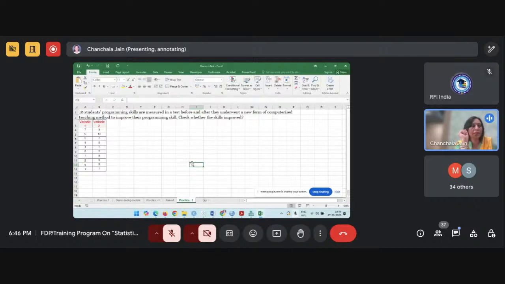That means we are interested in finding a significant mean difference in the variable in two different groups, right? We have seen how to formulate the hypothesis for the independent samples t-test, and that in Excel we have two varieties: the first one is equal variance, the second one is unequal variance.